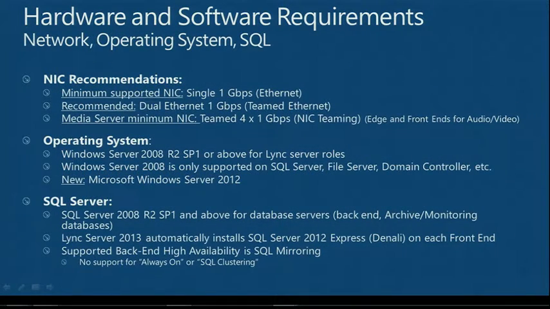In terms of NICs, it kind of depends on our throughput. So you've seen some of the features around things like HD video. You might have seen Paul Dolly's slide on bandwidth for HD video, for example. That is required.